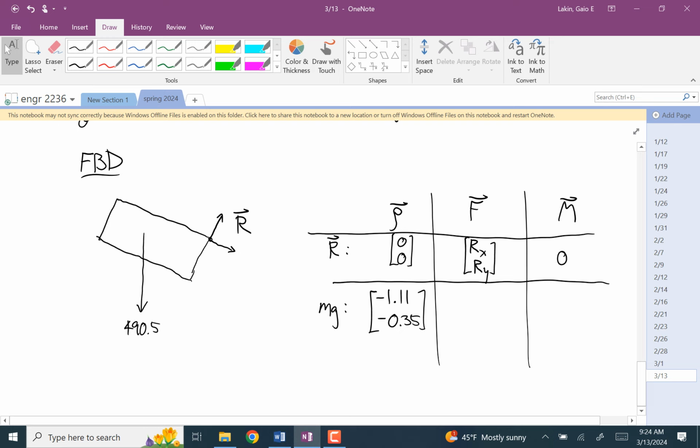The force vector, oh, okay, well, we got to go. So this is an angle of 20 degrees. So 490.5 times, for x, we have the sine of 20. For y, we have negative cosine of 20. And so this is 167.76, negative 460.92.